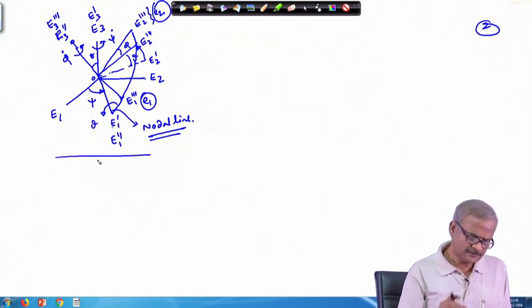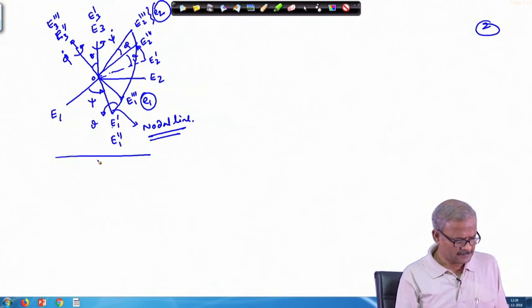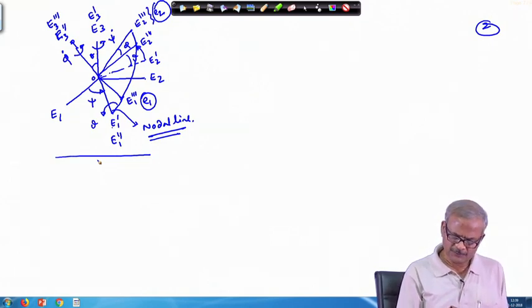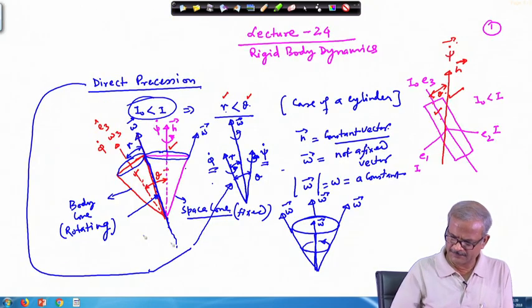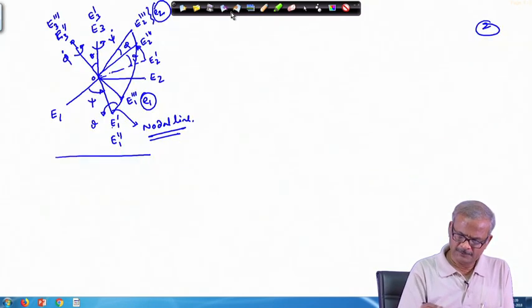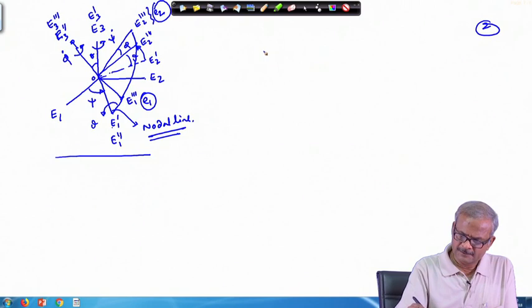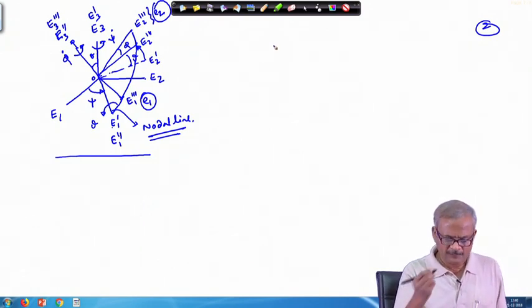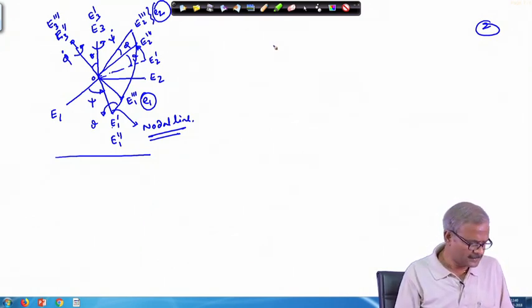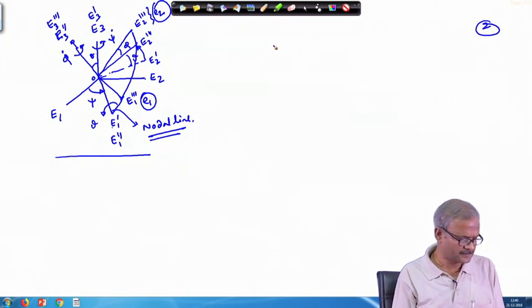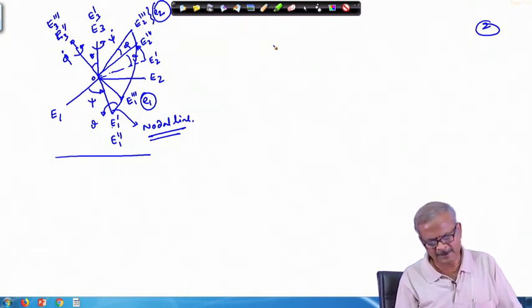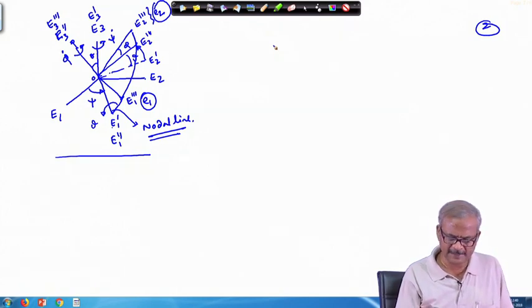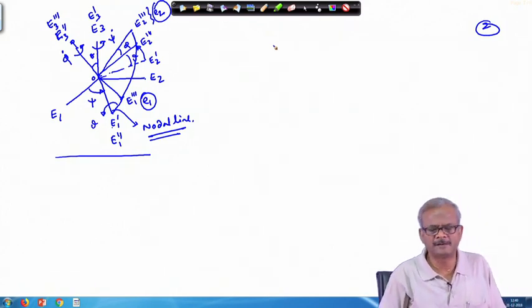So, this figure is of great importance, and we will do a little exercise to come to the conclusion of whatever we have done earlier through a little bit of theory. We will now have to go back and recall the relationship between omega, the angular velocity, and the Euler angles.